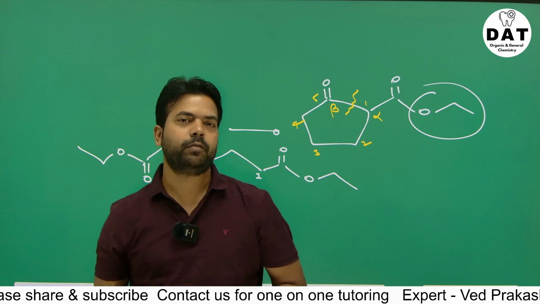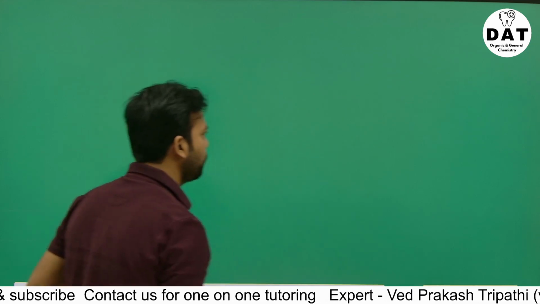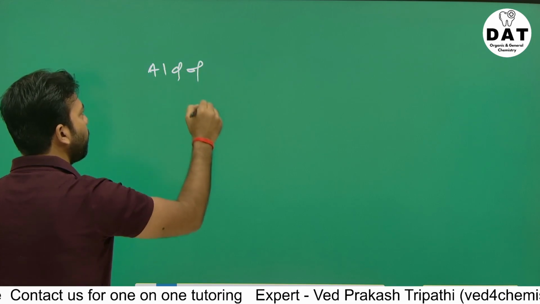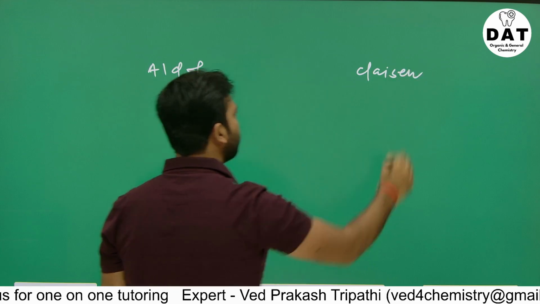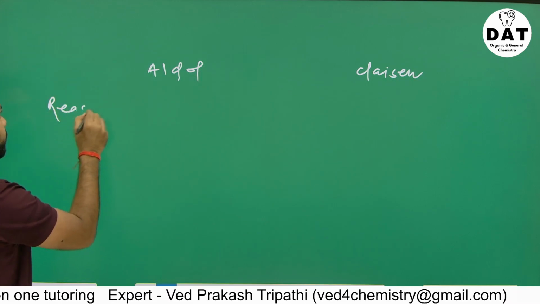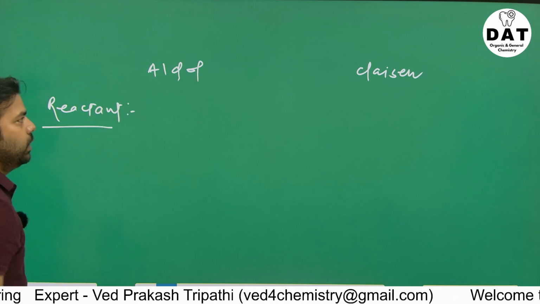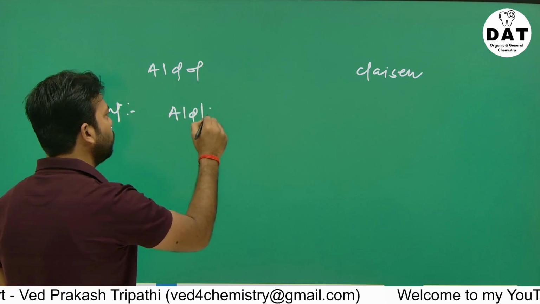What is the basic difference between aldol and Claisen? So look at here. First of all, you should know the basic difference in terms of reactant. Here the reactant is an aldehyde or ketone.